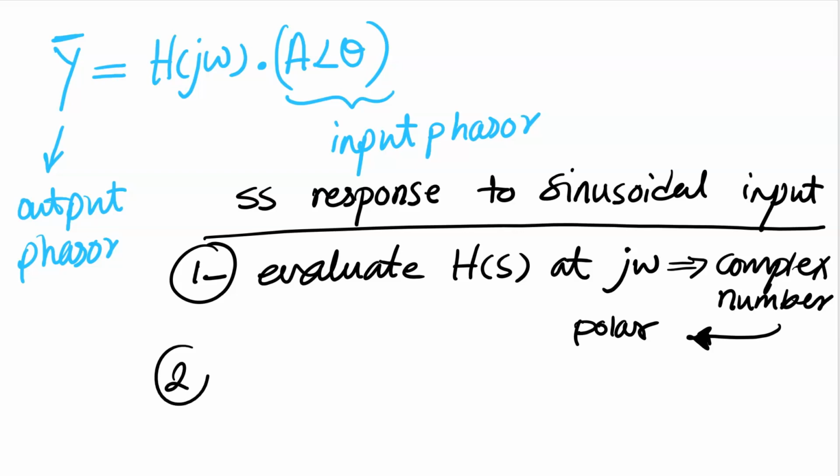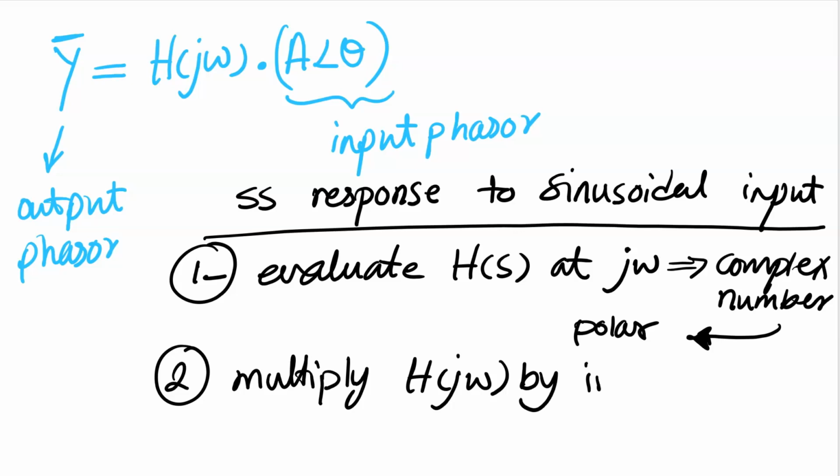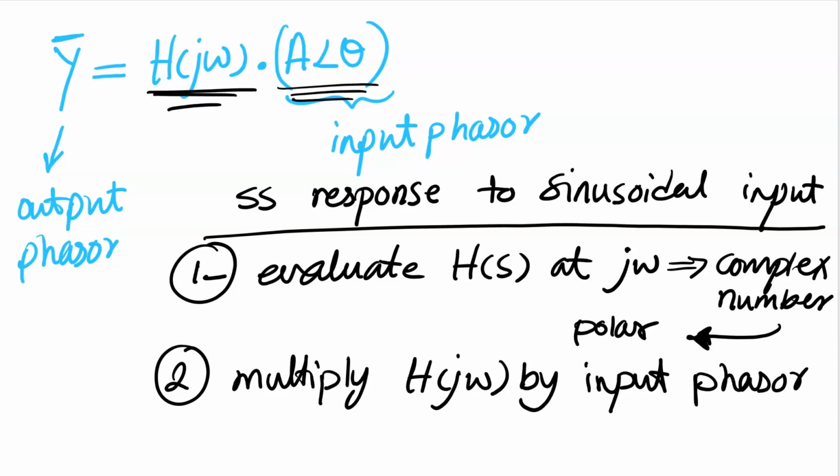Then multiply your H(jω) by the input phasor. So calculate your H(jω), then multiply that by your input phasor, and finally you have your output phasor.